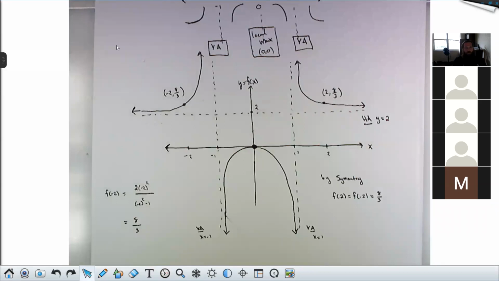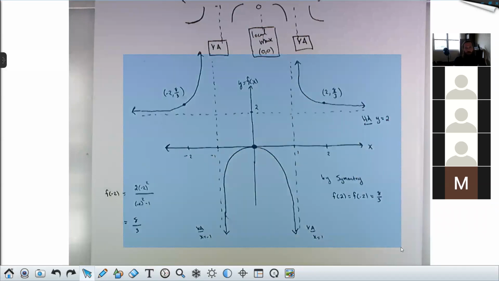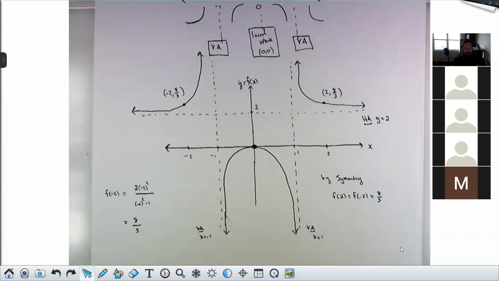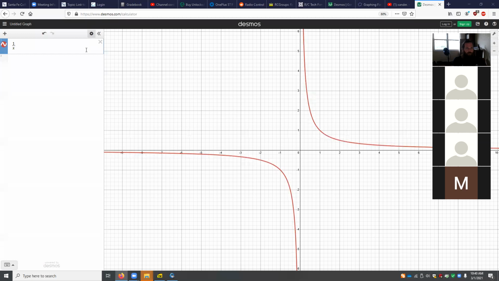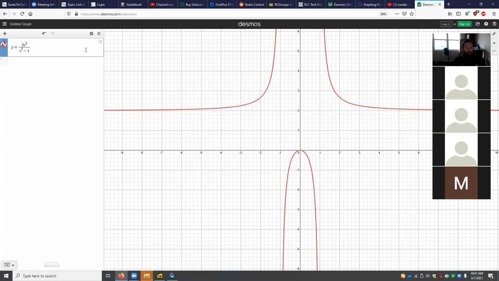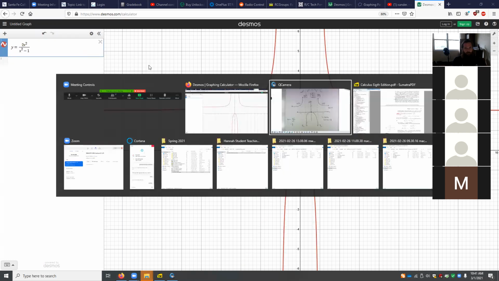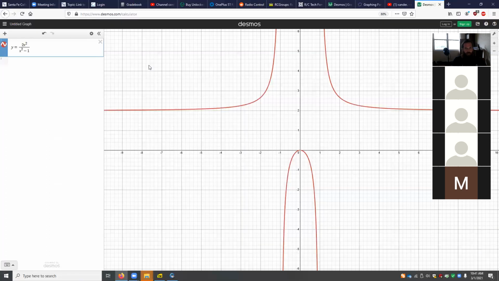So this is about as nice a graph as I could possibly hope to have for this function. And if we compare this to what Desmos gets us, I bet it's pretty good. Yeah. Not bad at all.